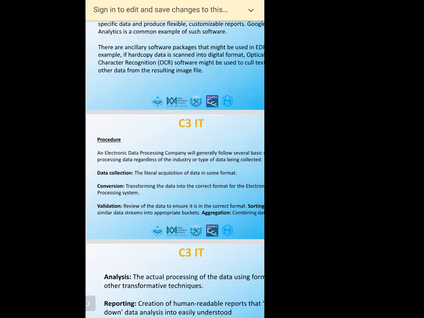An age of 500 or 600 is not valid, and minus 10 years is not valid. So while entering data, you have to enter valid data only. Validation is also one of the procedures. You have to validate the data.